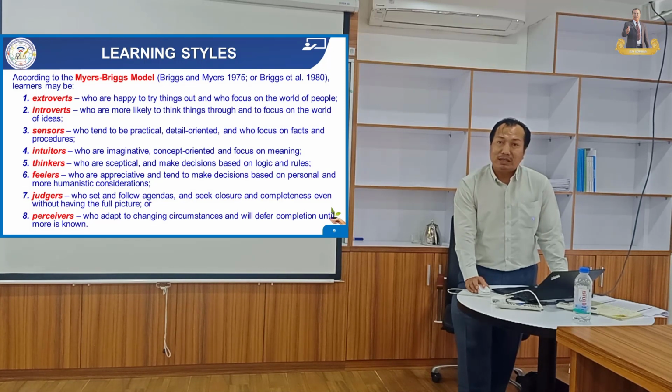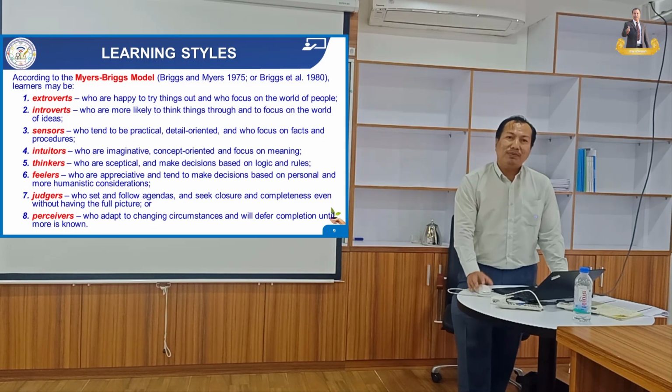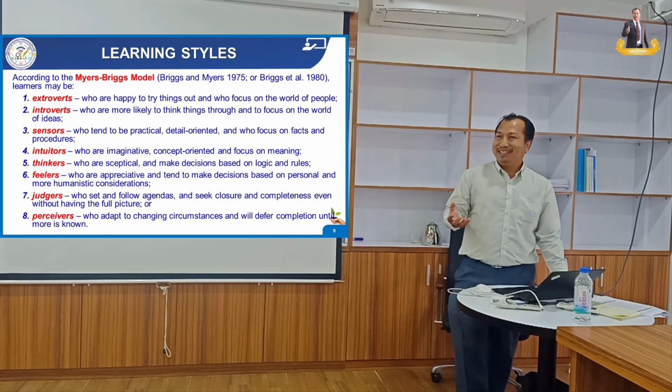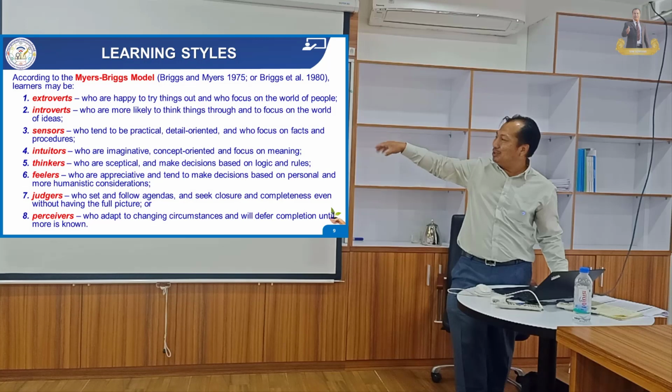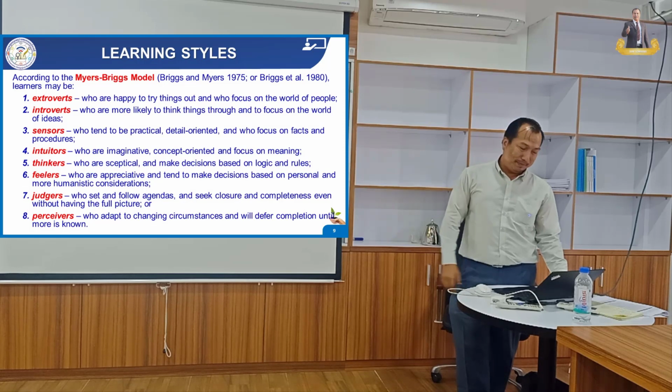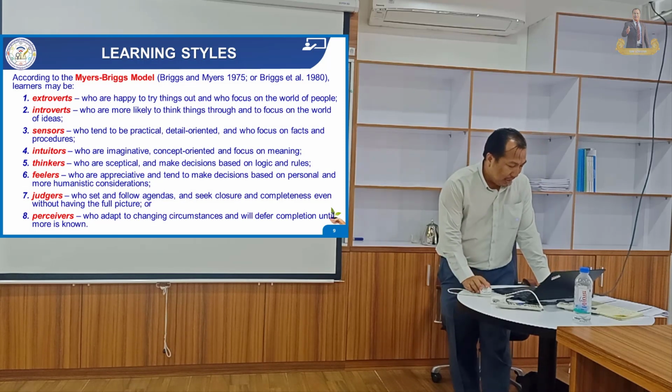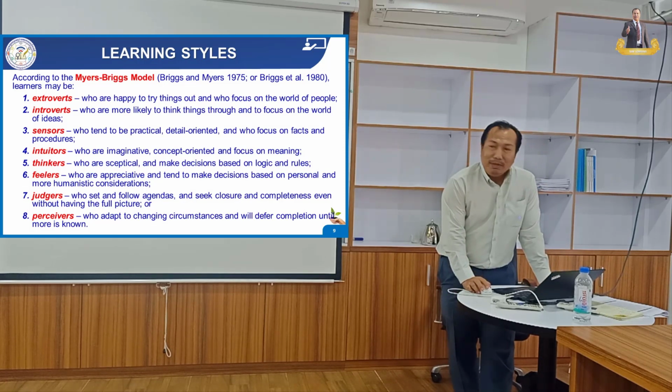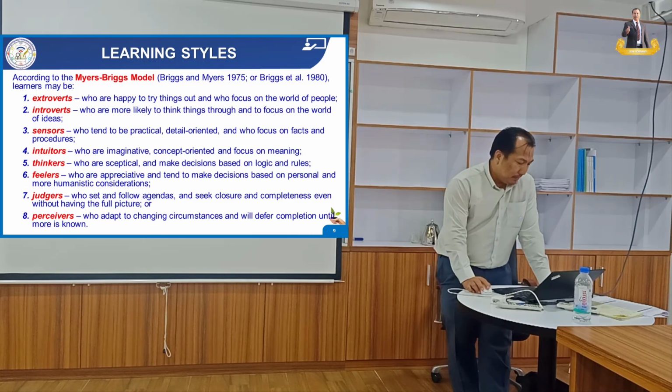So they can make the decision there. I forgot to tell you, actually this is just one model that is used for employment, to find the type of employees. But it can be applicable in the classroom as well.